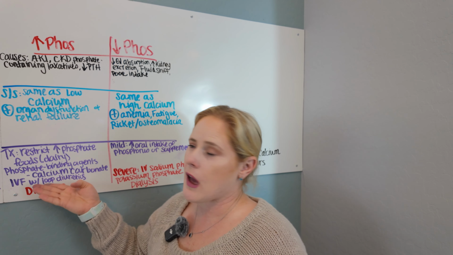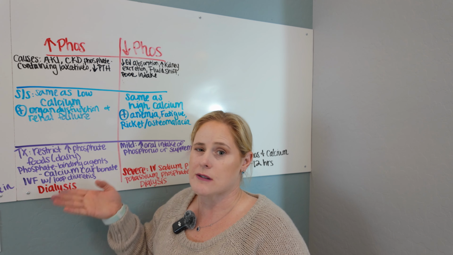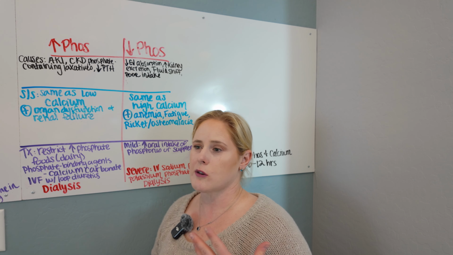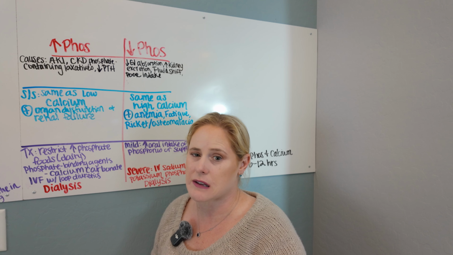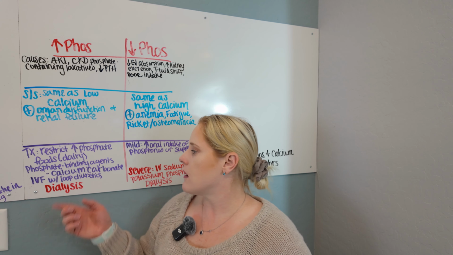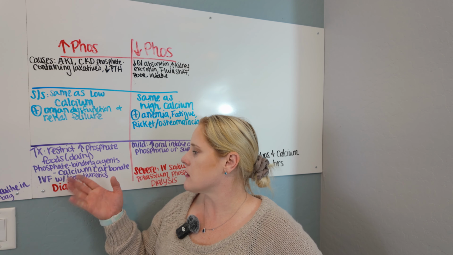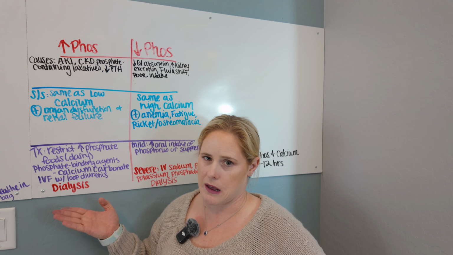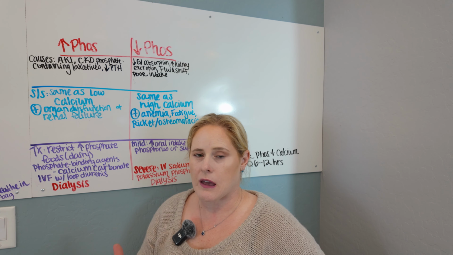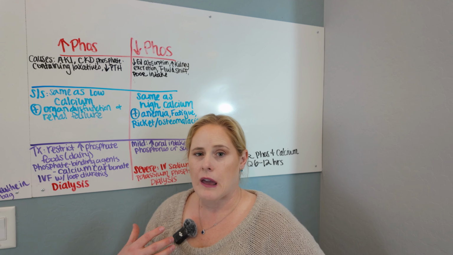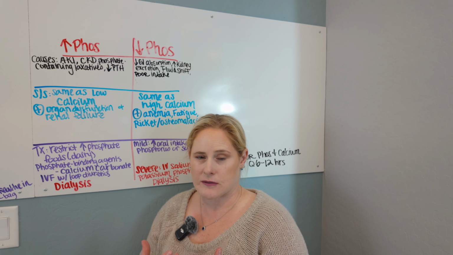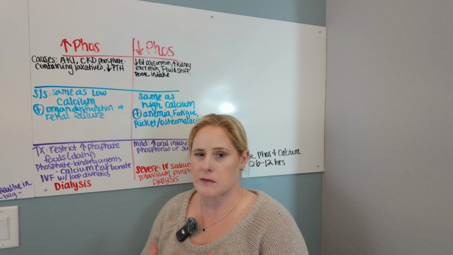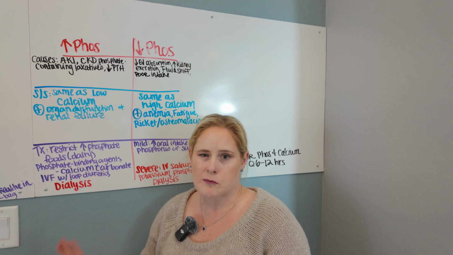Now we're going to give you calcium binding agents. This sometimes throws my students through a loop because they're like, well, we're giving phosphate, but we're giving phosphate binding agents. Phosphate binding agents is something like calcium carbonate. Basically, this is a medication that we give you, and this is going to attract excess phosphate so that it binds to the calcium carbonate and you pee it out, poop it out, whatever.